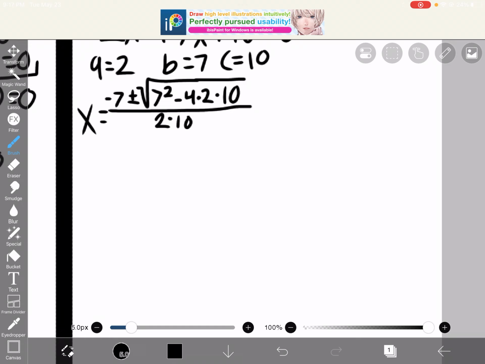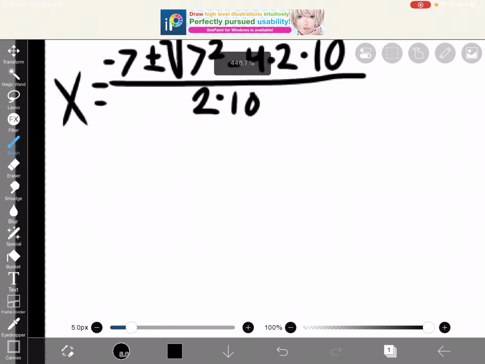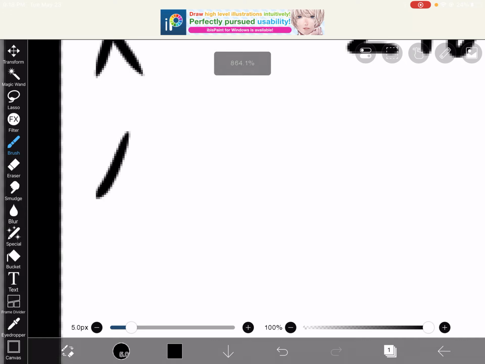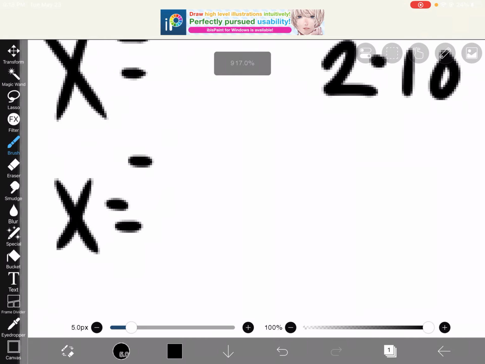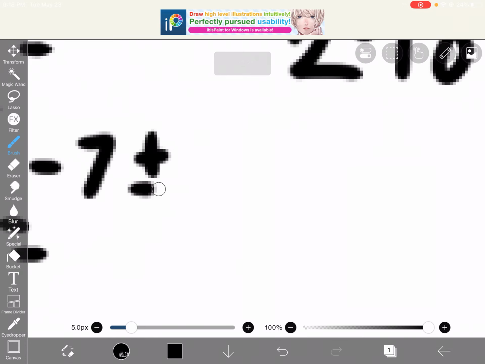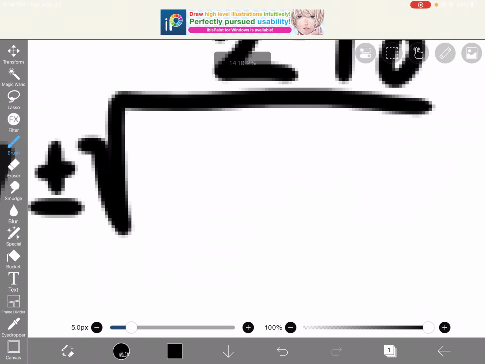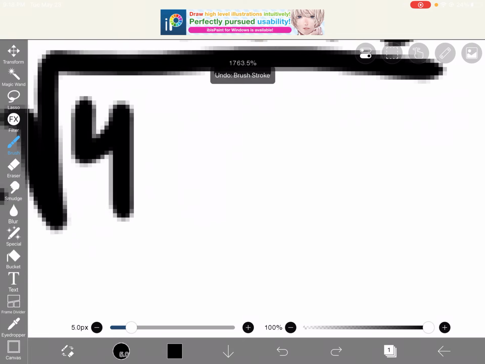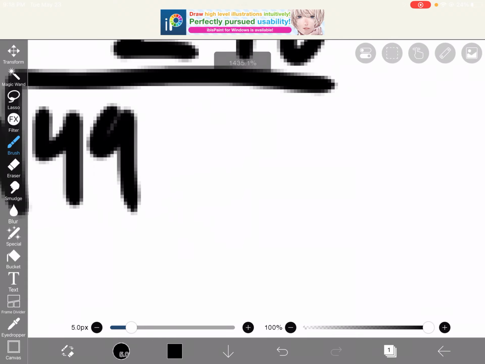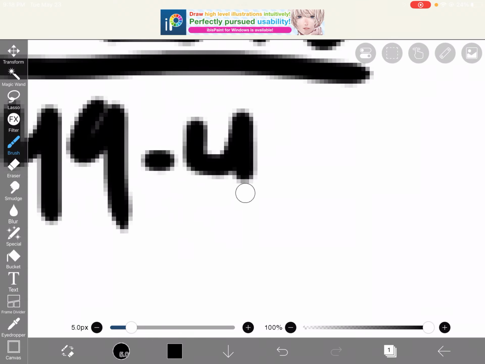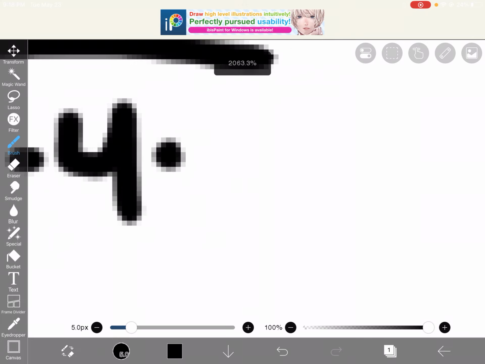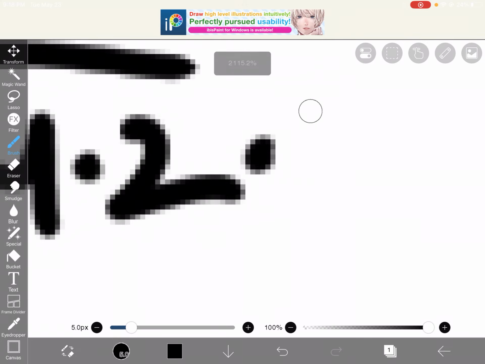And now first thing we have to do is evaluate. So that would be same thing, x equals negative 7 plus or minus the square root of 49, because 7 times 7 equals 49, minus 4 times 2 times 10.